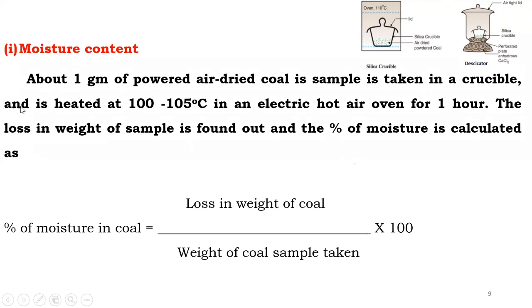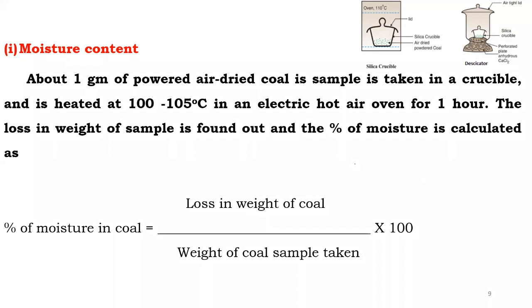It is heated at 100 to 105 degrees centigrade in an electrical hot air oven for 1 hour. The loss in weight of the sample is found out, and the percentage of moisture is calculated as: percentage of moisture in coal equals loss in weight of the coal divided by weight of the coal sample taken, into 100.